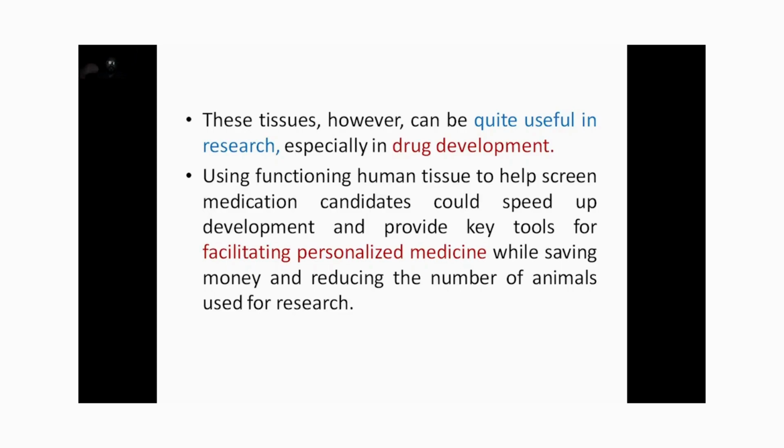For example, using what is being done in the laboratory, we can have functioning human tissue to help screening. So we can screen the medication candidates, that means whatever new drugs have been developed, to see whether they are safe or not.